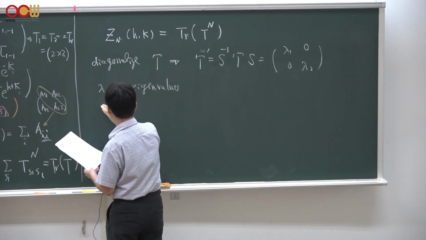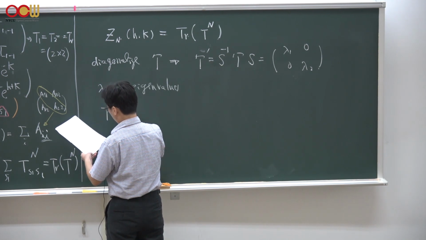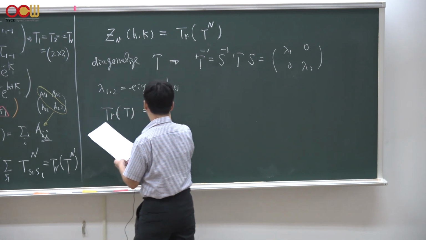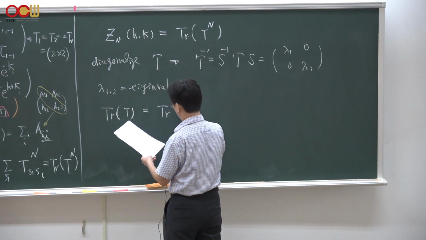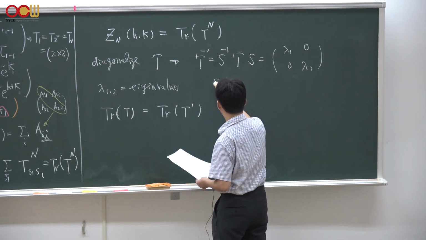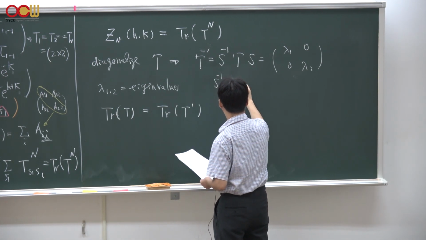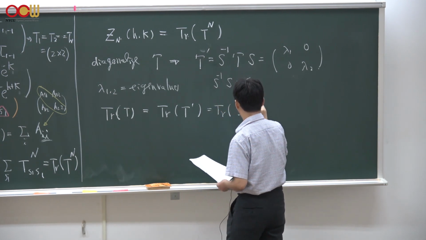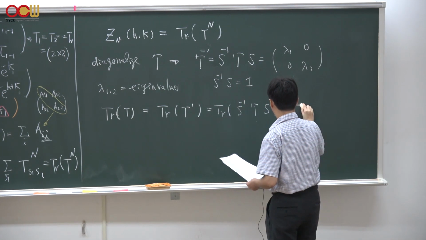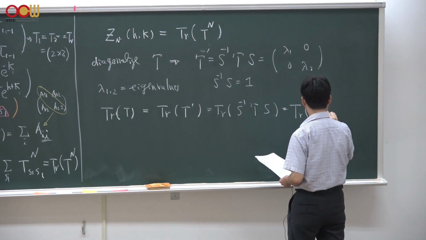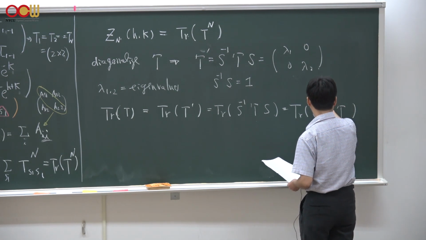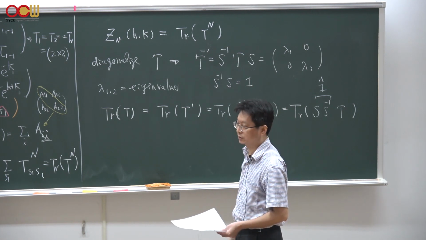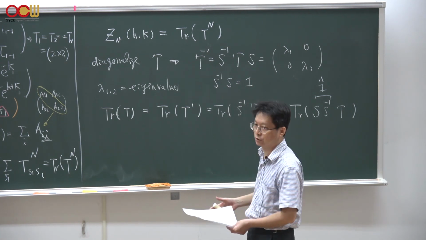Suppose we achieve that. We know from matrix theorems that the trace of a matrix T is the same as the trace of the unitary transformed matrix T prime, because S inverse S is the unit matrix, and this is the same as the trace of S inverse T S, which is the same as the trace of S S inverse T, and S S inverse is the unit matrix. Therefore the trace of the matrix T is the same as the trace of the transformed matrix T prime.